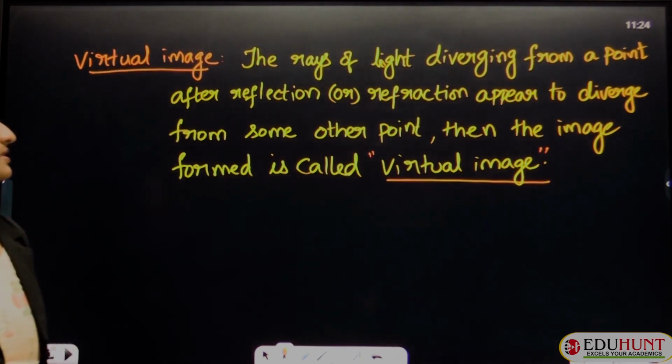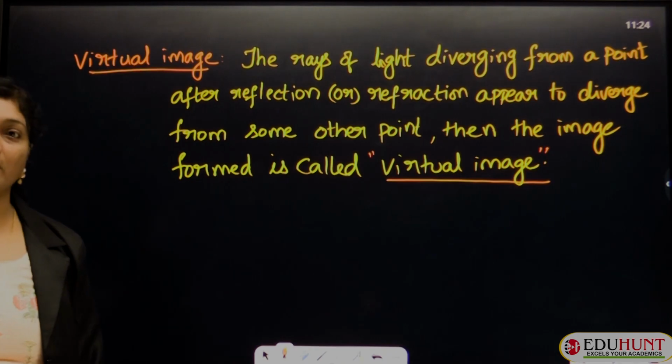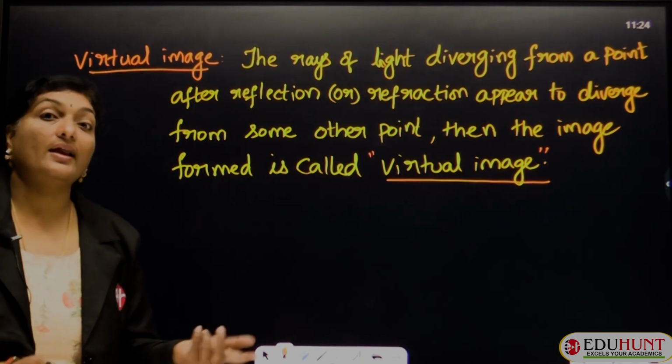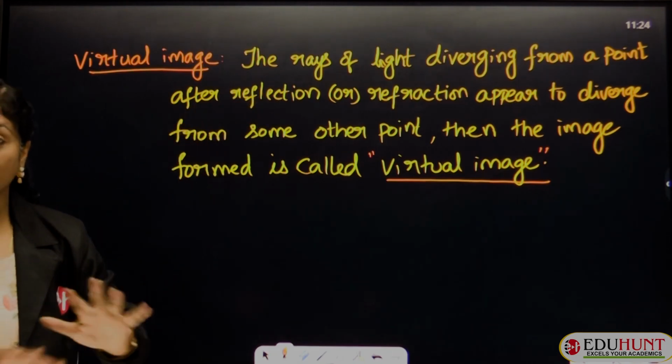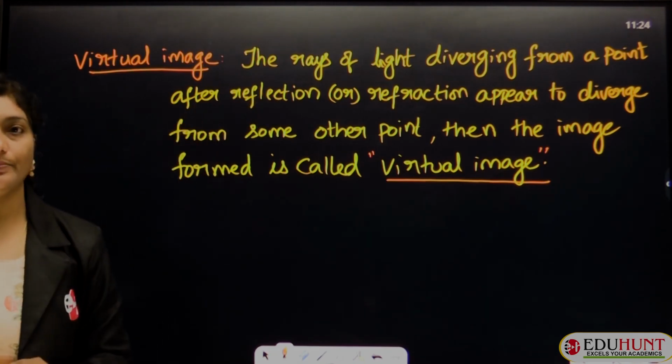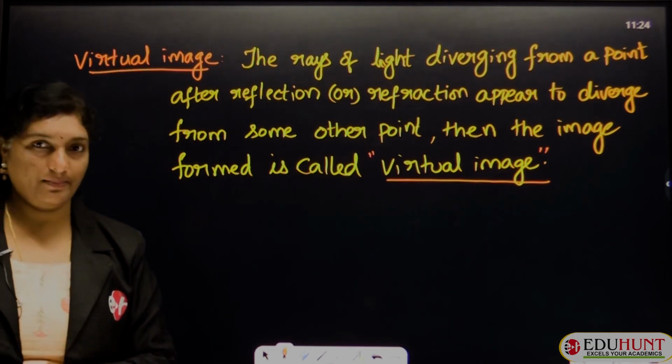Is it clear, children? What is virtual image? The rays of light diverging from a point after reflection or refraction appear to diverge from another point. Then during this process some image can be observed. This image is generally termed your virtual image.